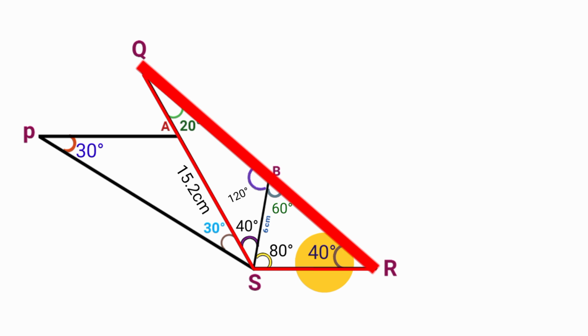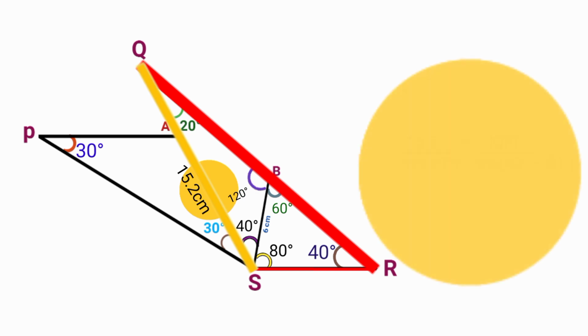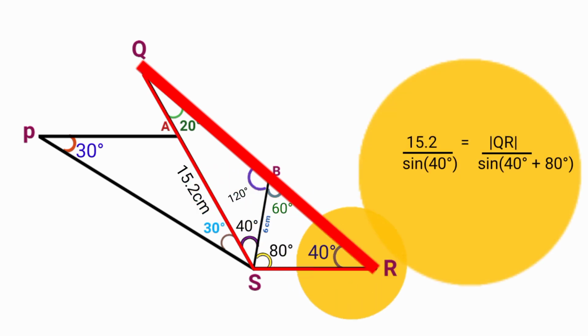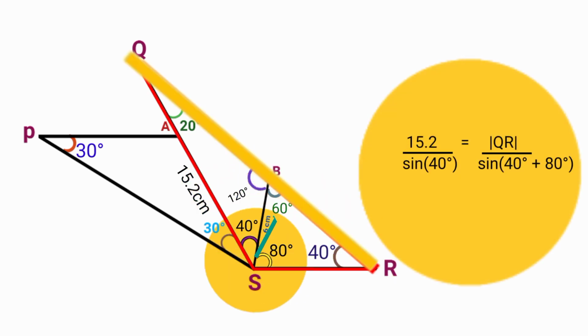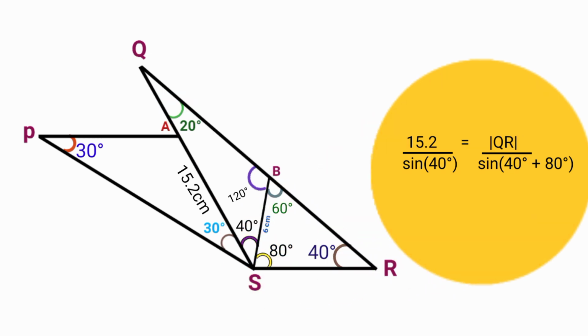Now using the sine rule to find line QR, 15.2 over sine 40 degree equal to line QR over sine 40 degree plus 80 degree. Now making line QR the subject of the formula, line QR equal to 15.2 over sine 40 degree times sine 40 degree plus 80 degree, which is 120 degree.